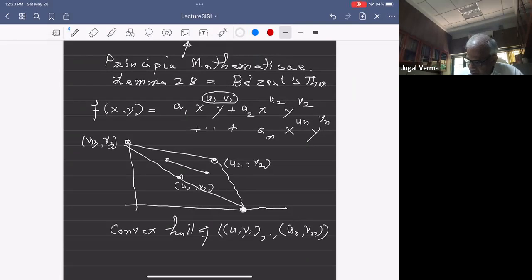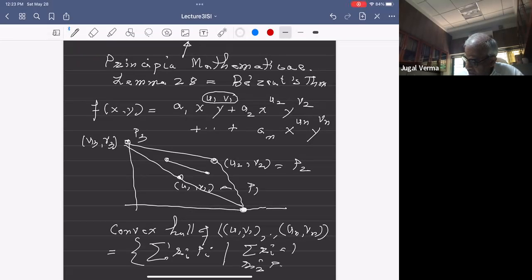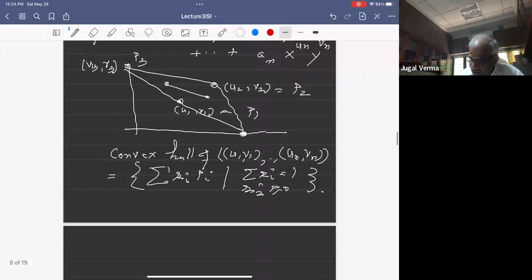And one can algebraically define this as the sum of r_i P_i. Suppose these are points: this is P1, this is P2, this is P3. So the sum of r_i P_i, where the sum of r_i is 1 and the r_i's are non-negative real numbers. So algebraically also one can write down the convex hull, but this is a polygon in the plane.